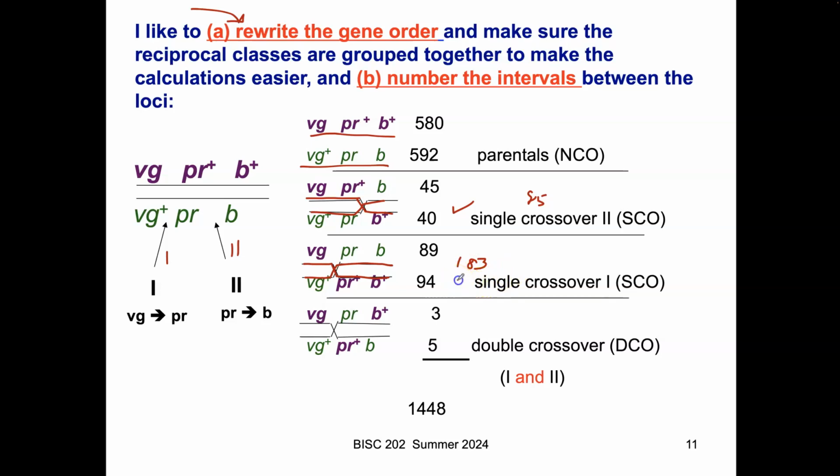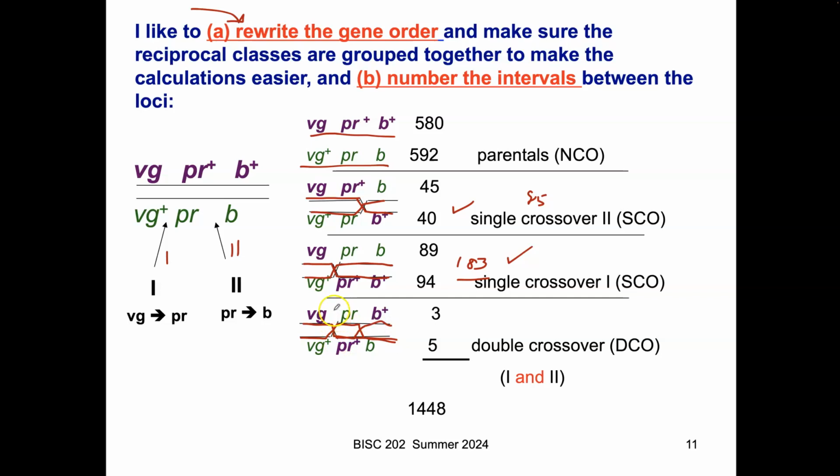And so we can tell already, without doing the actual mapping, that the distance between vestigial and purple is going to be bigger than the distance between purple and black. And then here are our double crossovers, and something is wrong with my slides because they should have both crossovers.